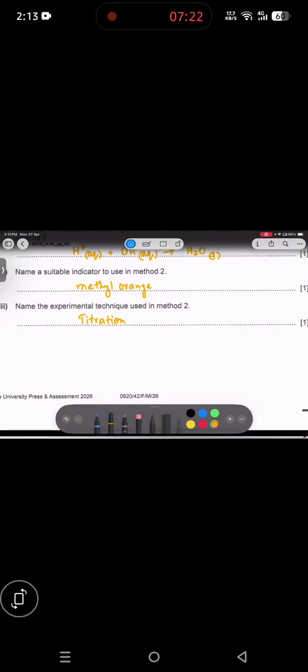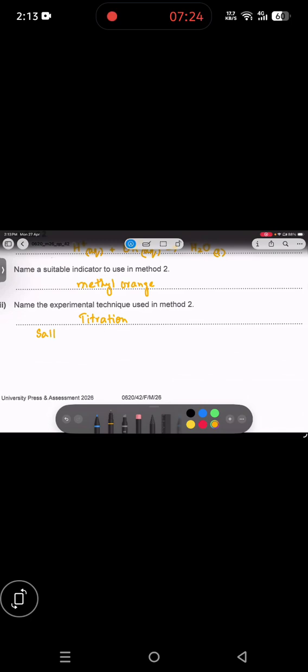Okay. Now, here are some points for salt preparation as a revision point. For salt preparation, there are two types of salt. One type of salt is what? Soluble salt, and the other one is insoluble.